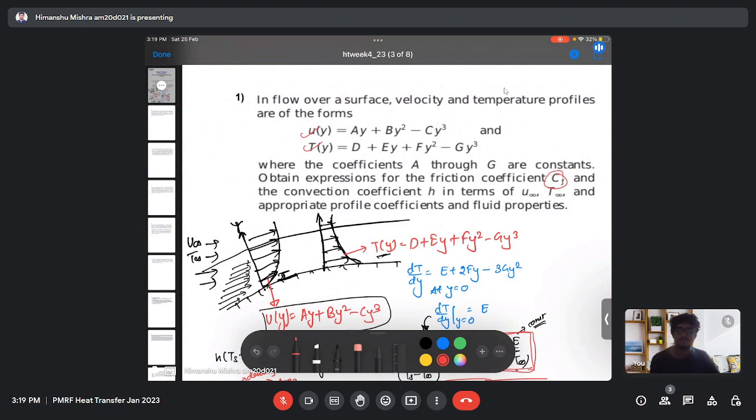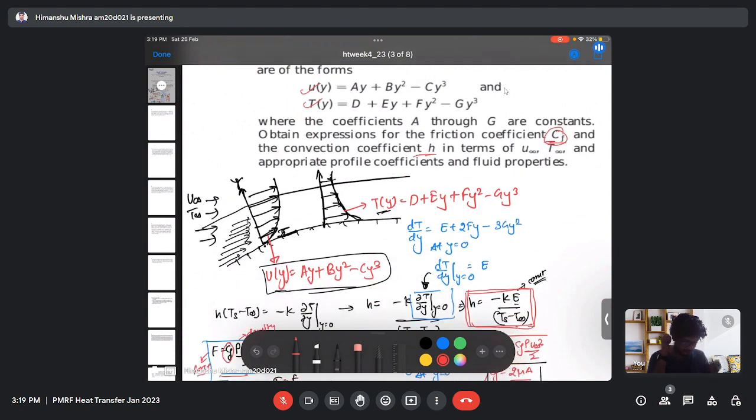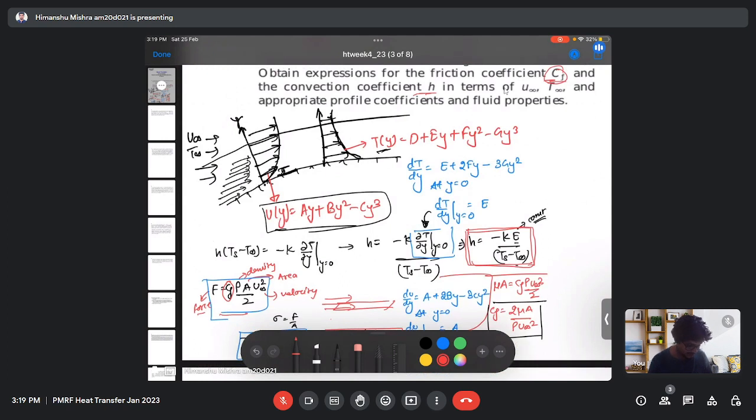So in this question, we have been given the velocity profile and we need to find the drag coefficient and the heat transfer coefficient. To find the heat transfer coefficient, we use the relation where we equate the heat conduction at the wall to the heat convection into the boundary layer. We take a derivative of a temperature profile to evaluate the heat transfer coefficient.